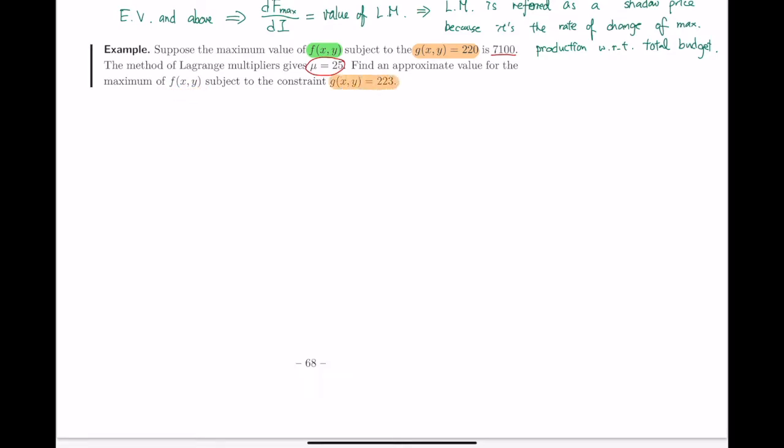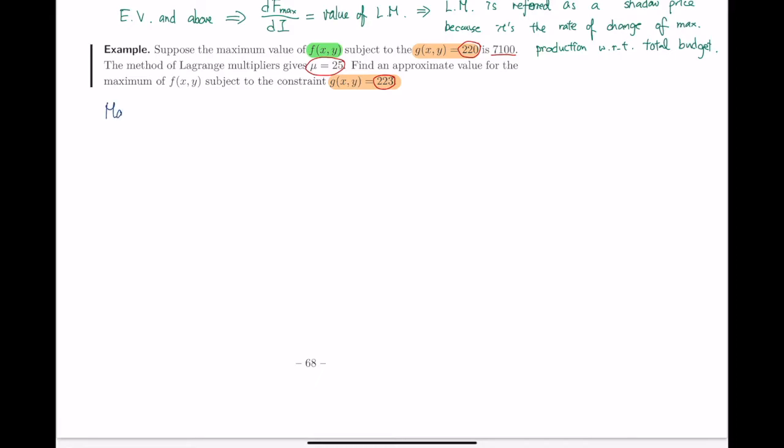So now the constraint is changed. Instead of 220, it becomes 223. And you want to see how the maximum value of your optimization problem changes accordingly. So we do the usual thing. We set up the parameterized version of the optimization problem.